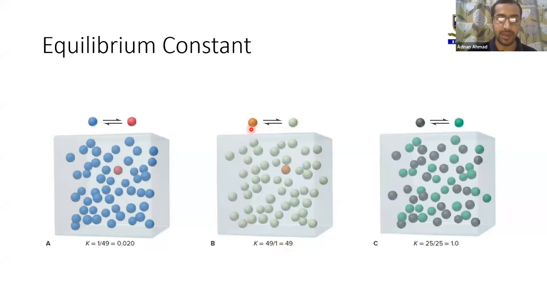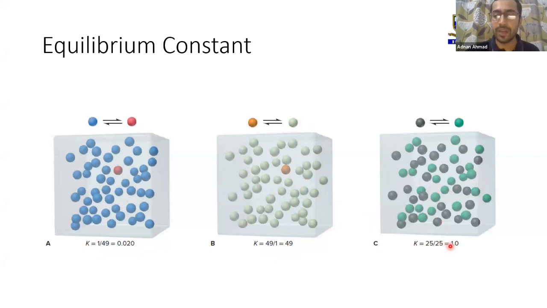Here, this is our reactant, and green is our product, and you can see that we have lots of product. So with lots of product, we have a higher equilibrium constant. And if we have less product, the equilibrium constant will be very low.